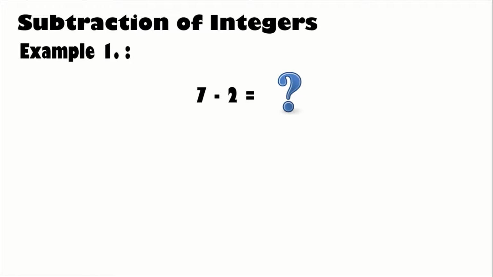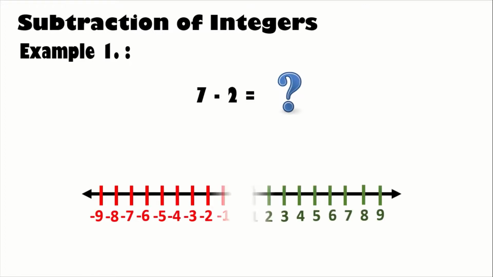They are both positive. So using the number line, we have 7 on the right side of the number line, and we also have negative 2, right? So in this case, we will be moving from right to left because it is subtraction.